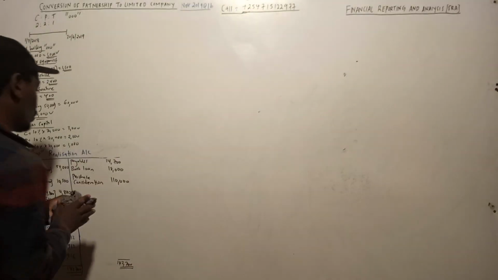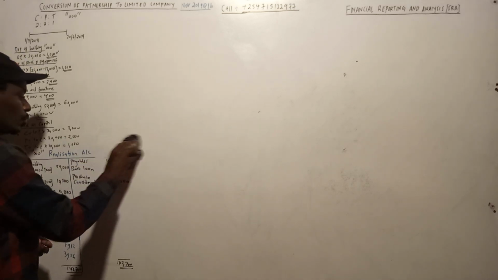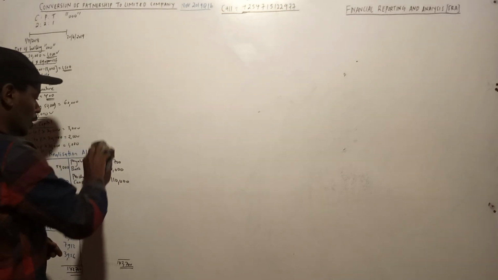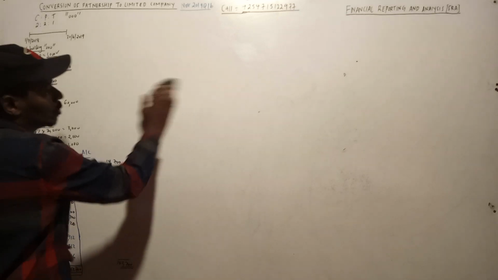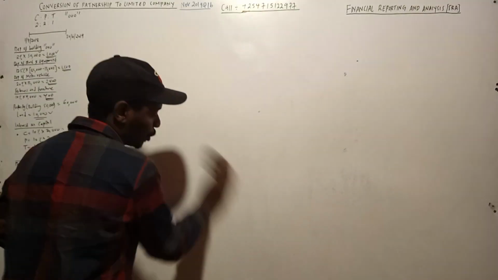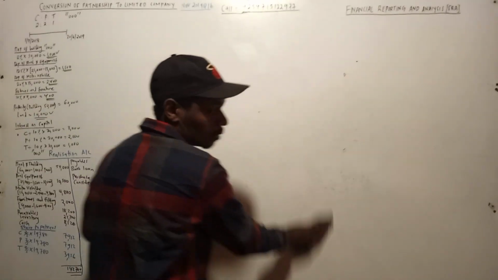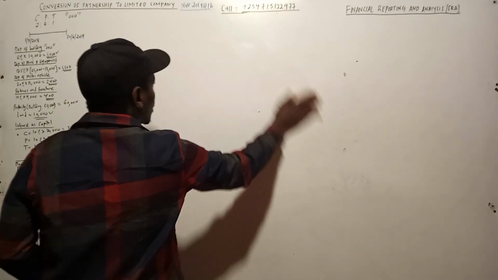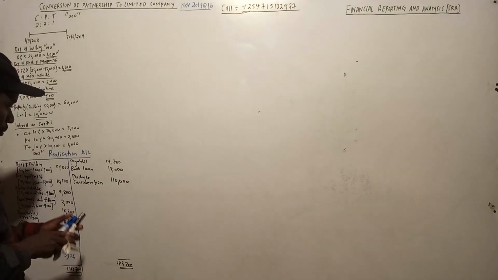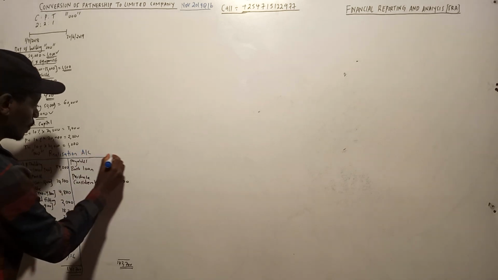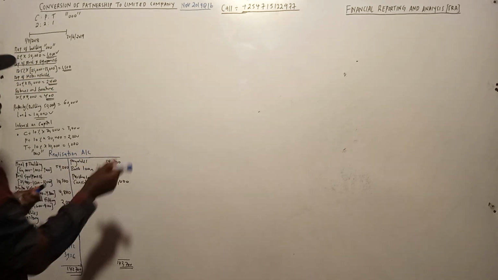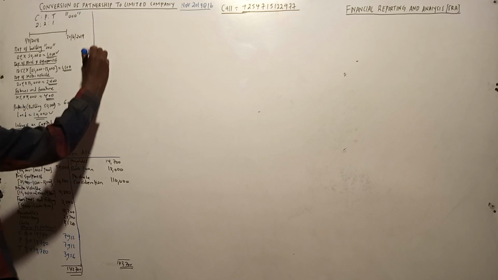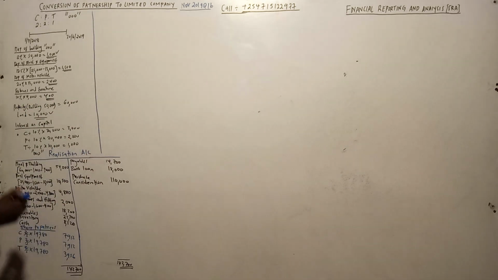Our next item to prepare now is the partners' current account. Before we prepare the partners' current account, we need to prepare the appropriation account. Make sure you use that format. Because of space, I'm going to compress this item here.